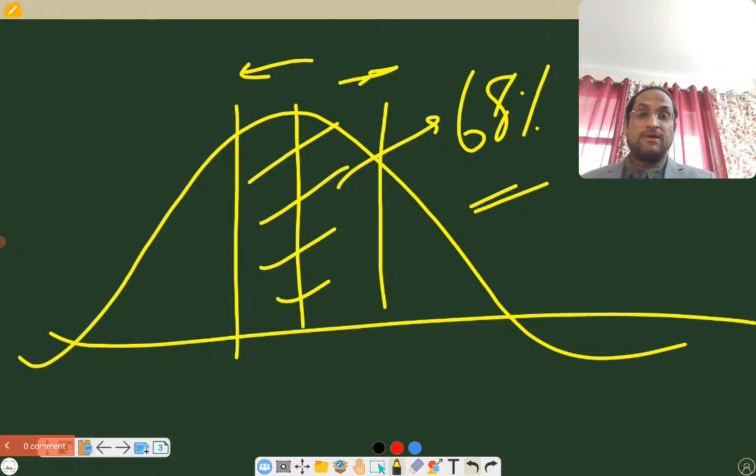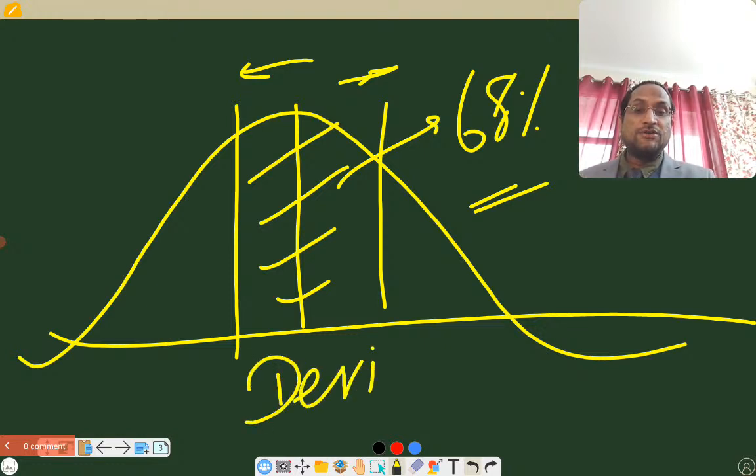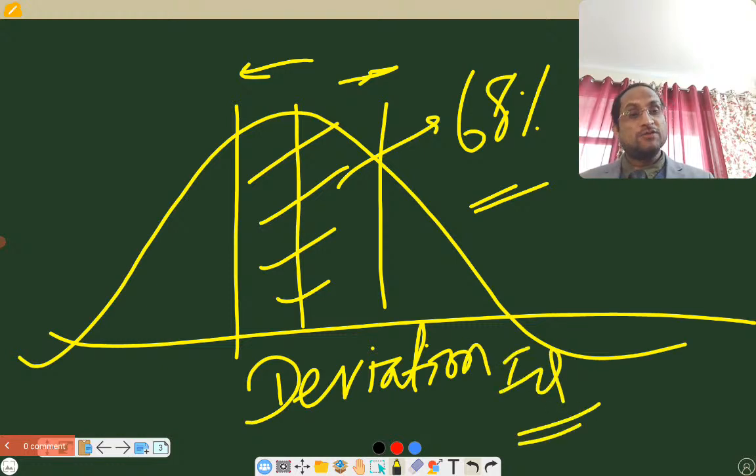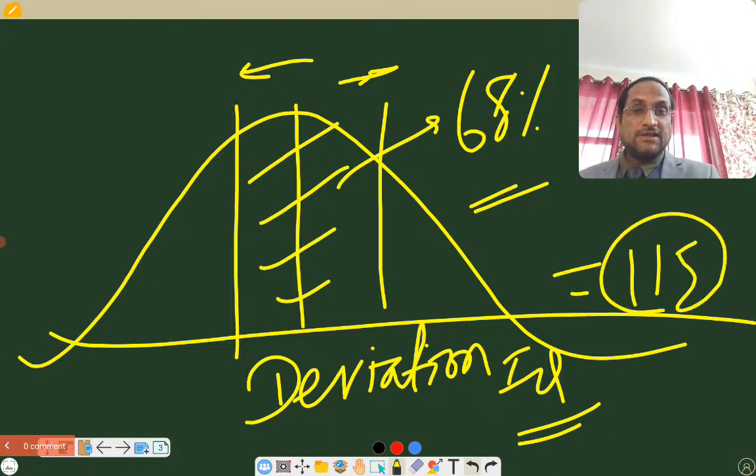And that is why the concept of deviation IQ came. How much you deviate from the average IQ, the norm of the IQ, the norm being 100. So how many standard deviations away are you? If your IQ score is 115, you are in this range, 15 being the one standard deviation for these IQ scores.